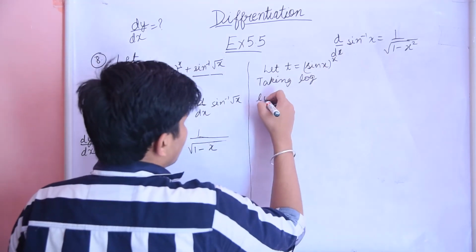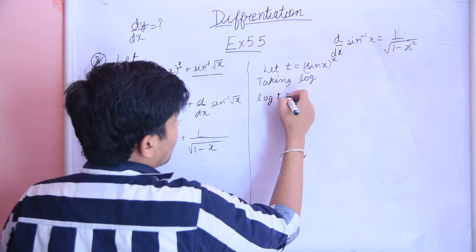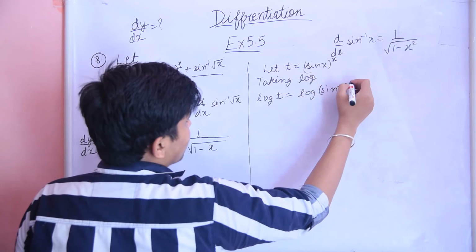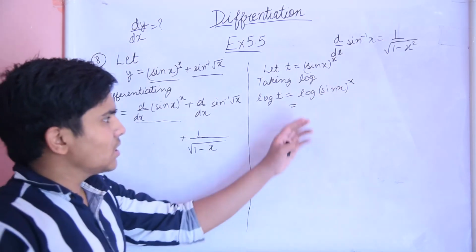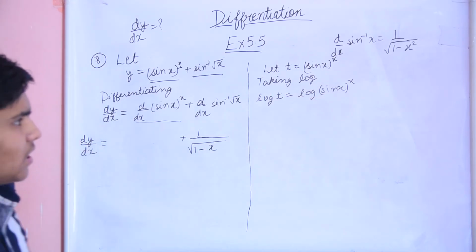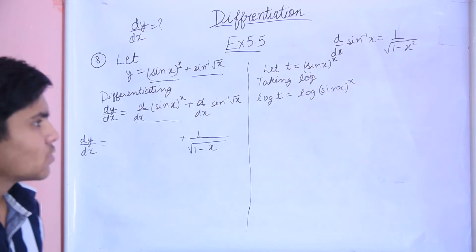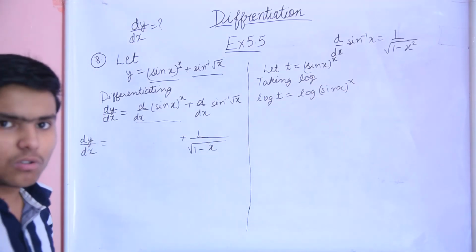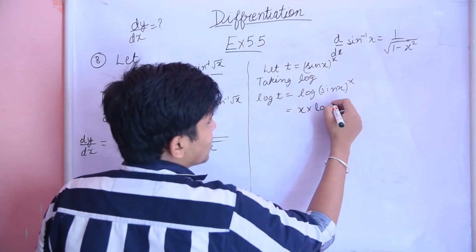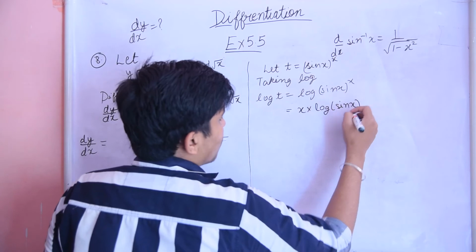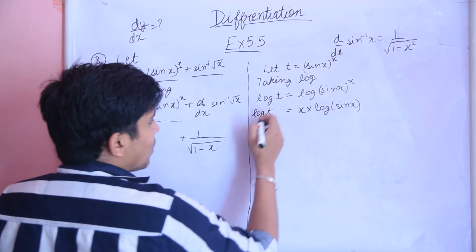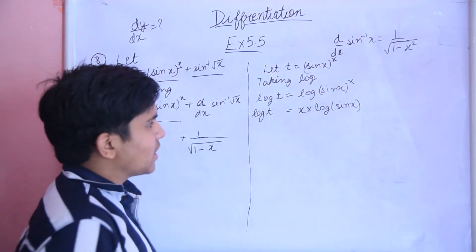After taking log, in the LHS we will have log t equals log of sin x raised to x, and now as you see there is a power raised to the sin x function here in the log function. So the power will get multiplied to the base function, meaning x into log sin x, and in the LHS we have log t here.